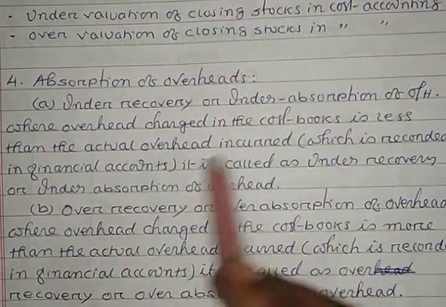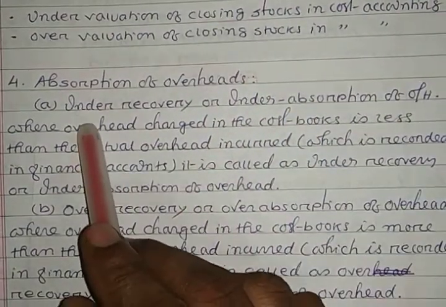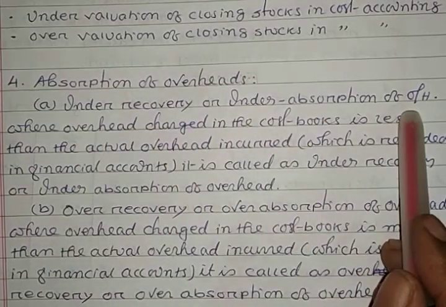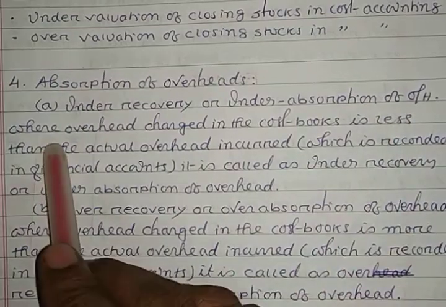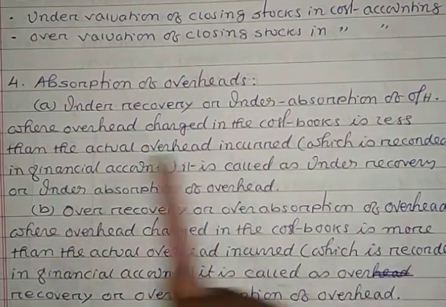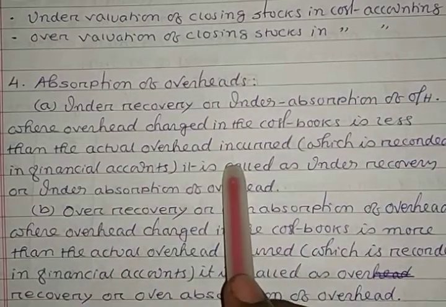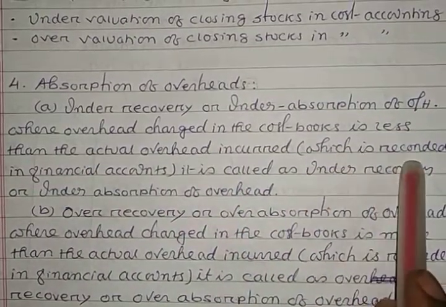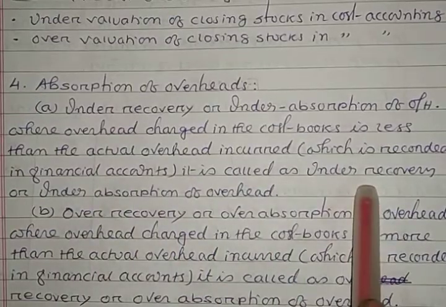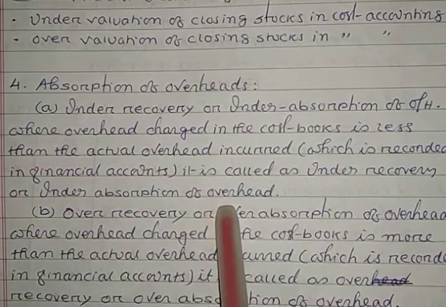See here, A, under recovery or under absorption of overhead, where overhead charged in the cost books is less than the actual overhead incurred, which is recorded in financial accounts. It is called under recovery or under absorption of overhead.